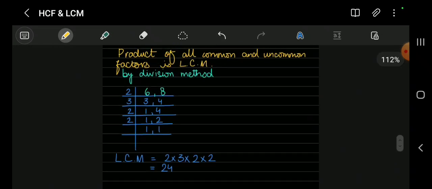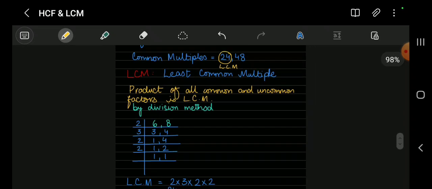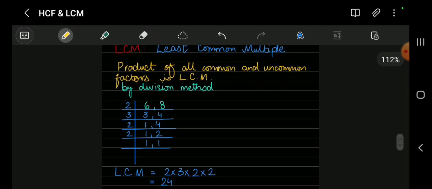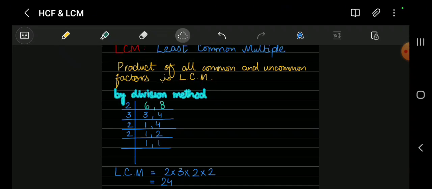Okay, so what is LCM? Product of all common and uncommon factors is LCM. This is it. I hope you understand it.